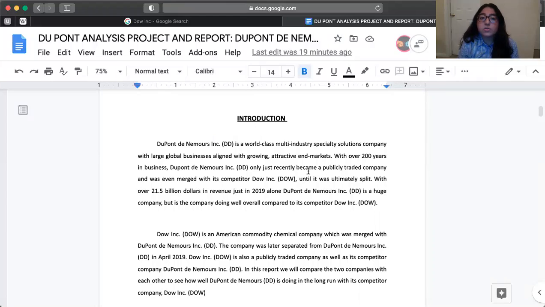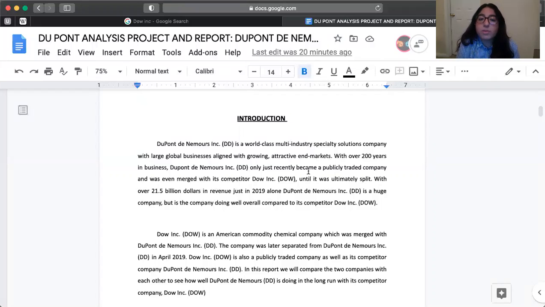With over $21.5 billion in revenue just in 2019 alone, DuPont de Nemours is a huge company, but we're trying to see if the company is doing well overall compared to its competitor company, Dow Incorporated.